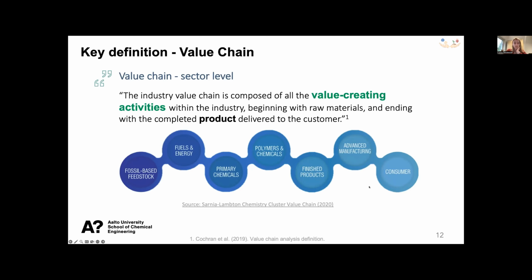This is a very simplified value chain. If we want to think about circularity, after the consumer there is end-of-life management, which can be recycling, landfilling, upcycling, and all of the 8 R's that we have. And then it goes back at some point to Earth. So this is the idea of a value chain: adding value.